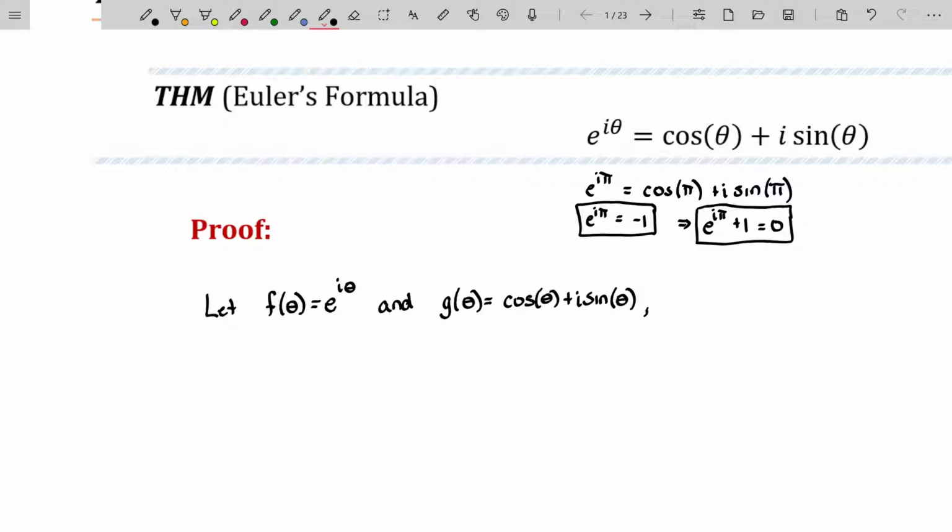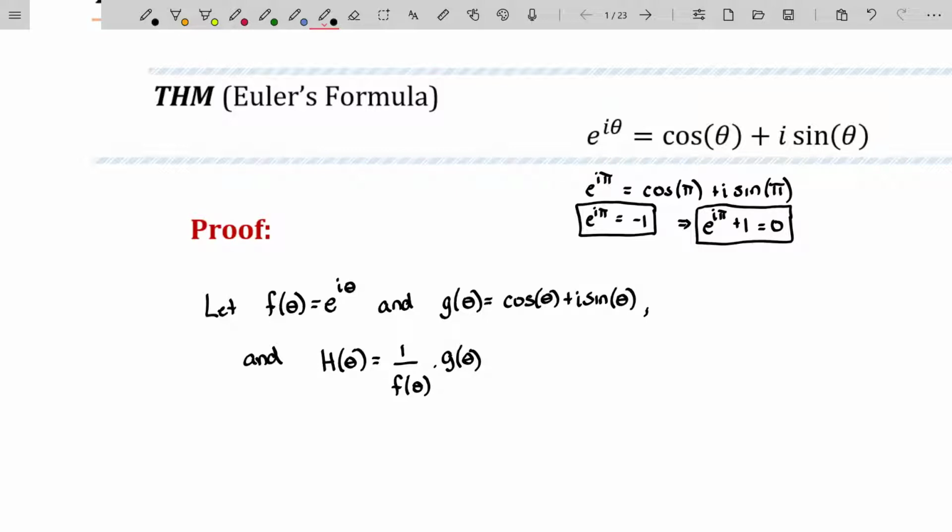So again, I'll let h of theta be the reciprocal of f times g. My hope is to show that h of theta is 1. That is, g of theta and f of theta are identical.